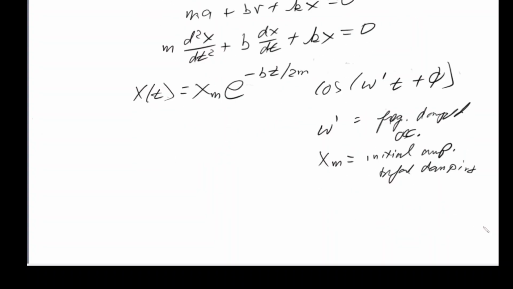And you can also solve for omega prime. That becomes the square root of k over m minus b squared over 4m squared. So these are the equations that are used with a damped simple harmonic oscillator.